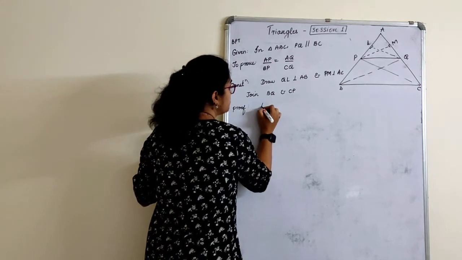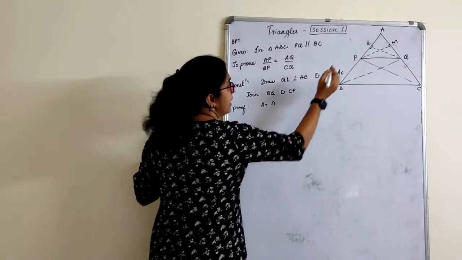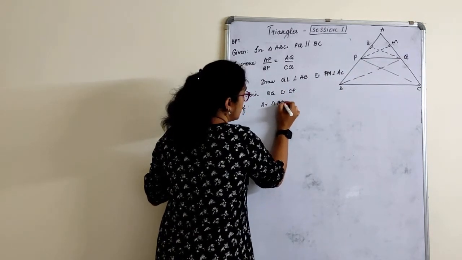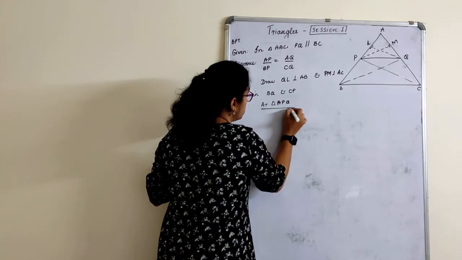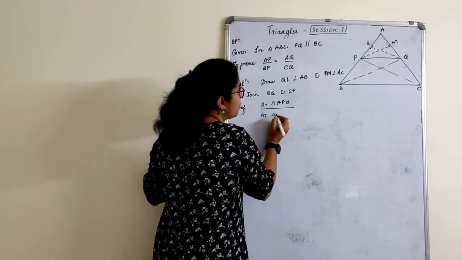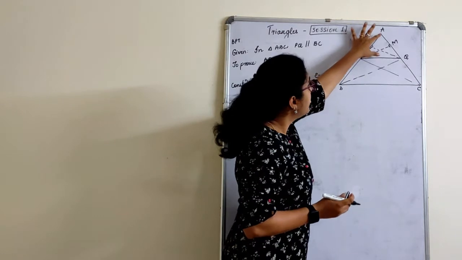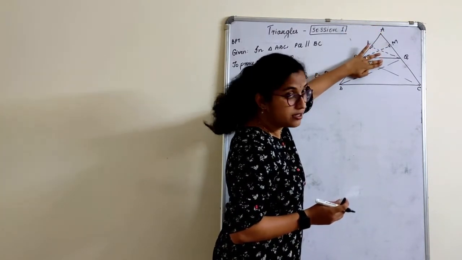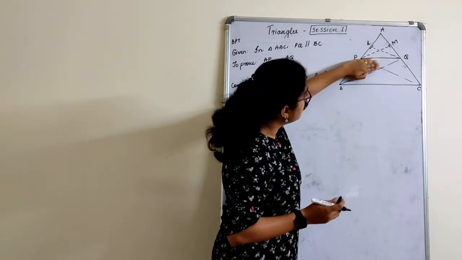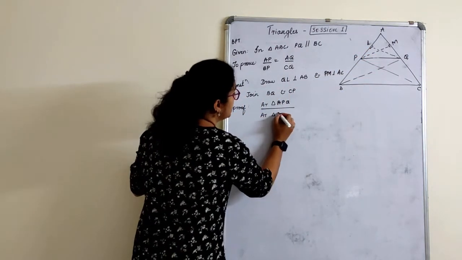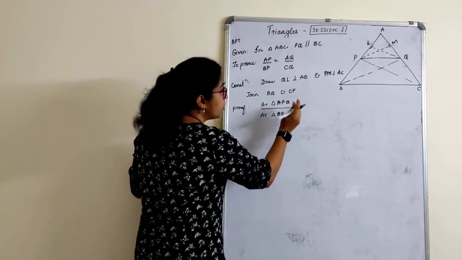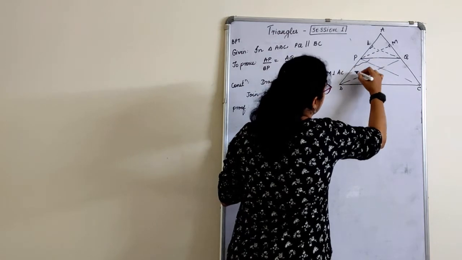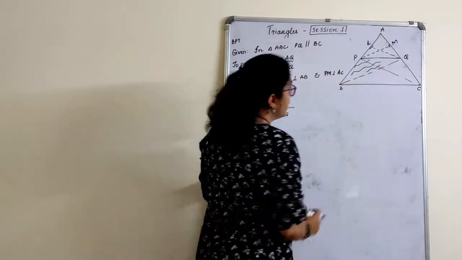I will write here: area of triangle APQ to area of triangle BPQ. Children, I will choose this part of the area first. Why am I not using C here? I am using only this part first. This triangle part I have used.